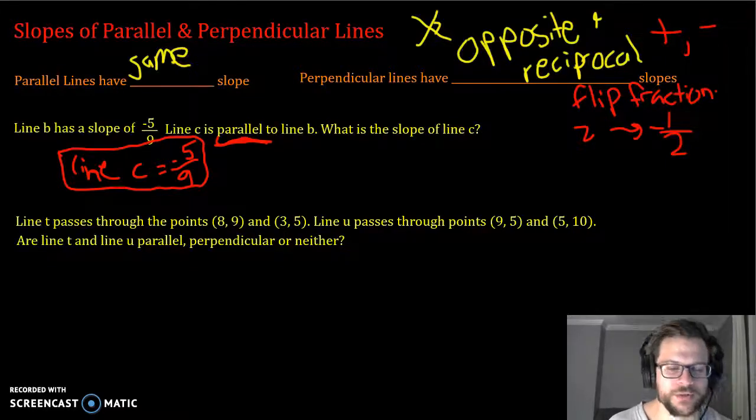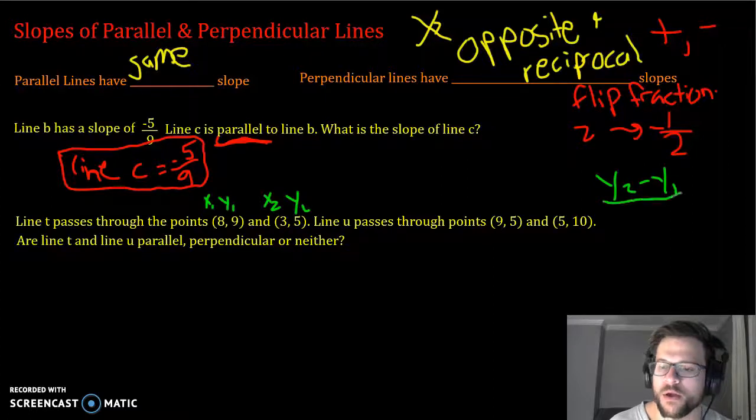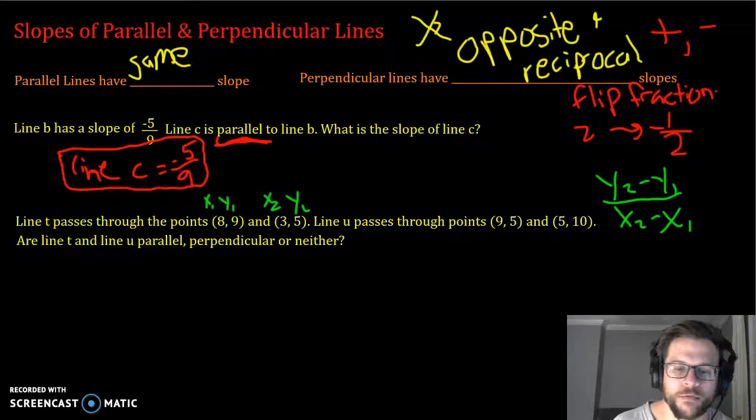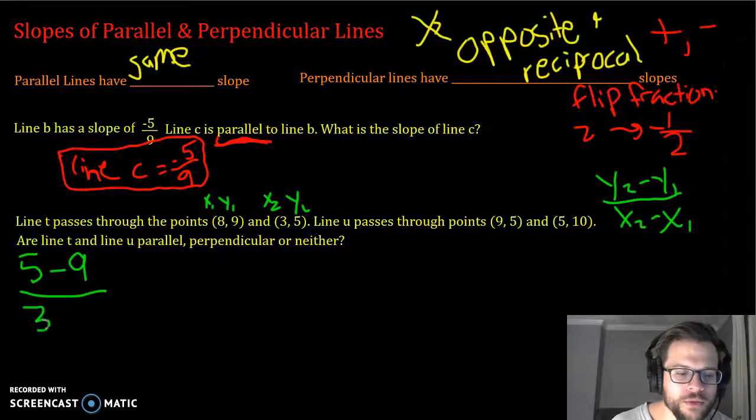So what we're going to go ahead and do first is do line T and label our points, x1, y1, x2, y2, and then remember our slope formula, which was y2 minus y1 over x2 minus x1. We're going to plug each of those four numbers into this slope formula right here. So 5 minus 9 and 3 minus 8. Now we need to make sure that these are completely simplified and reduced.